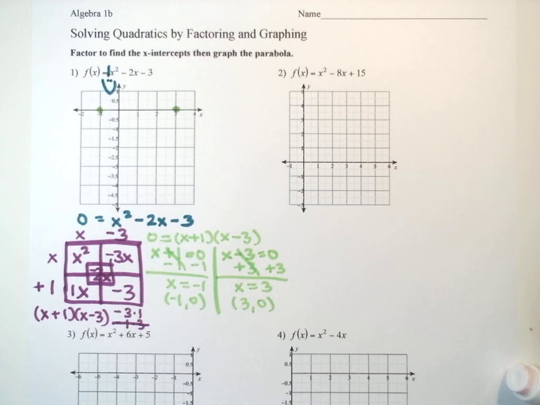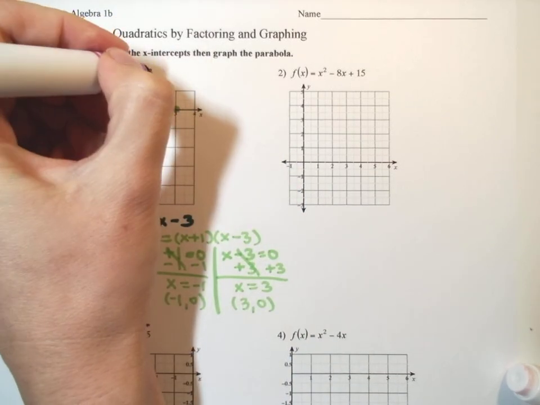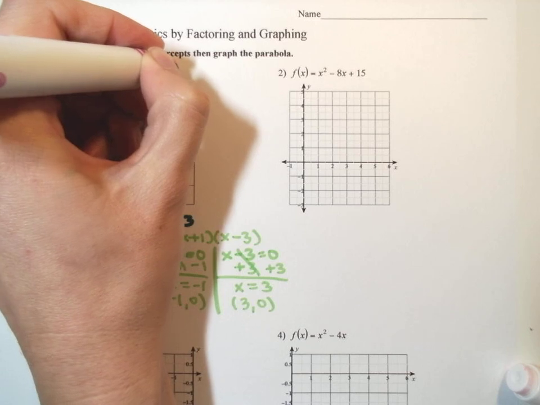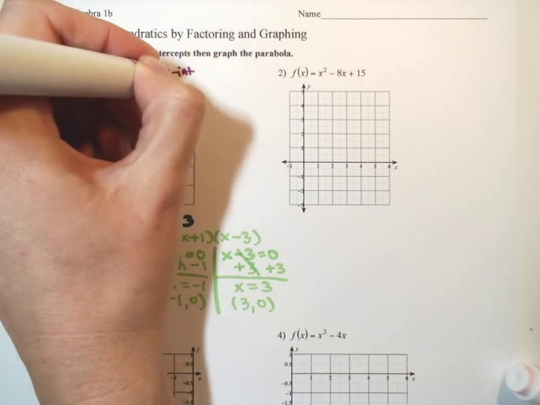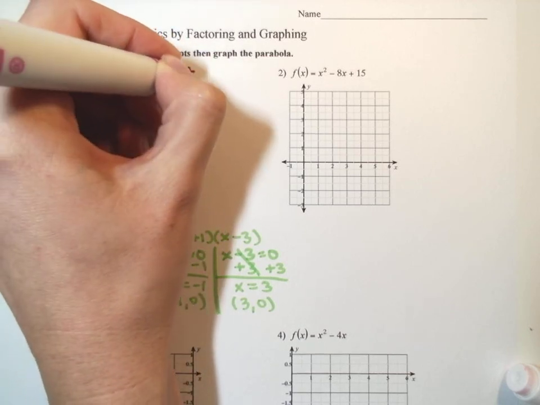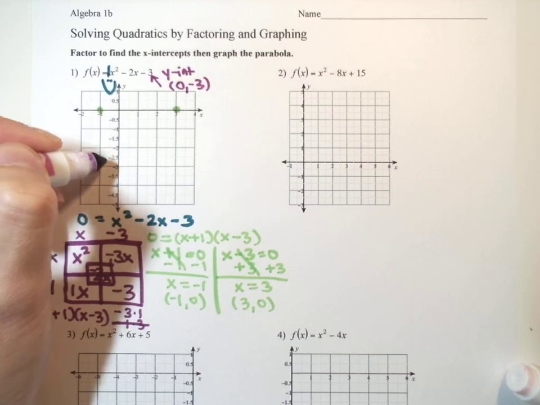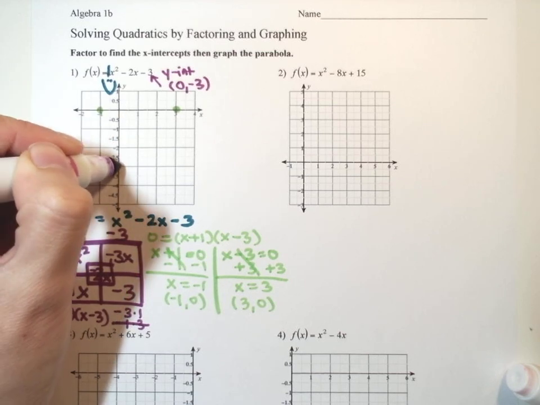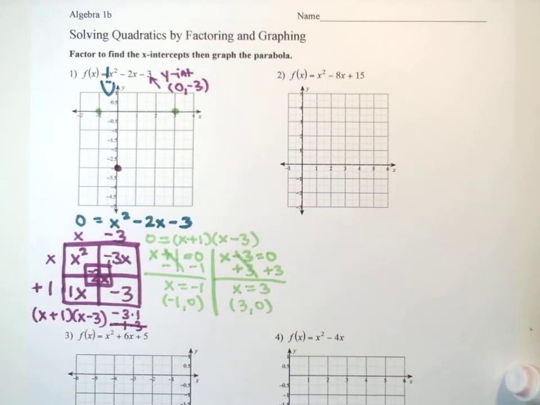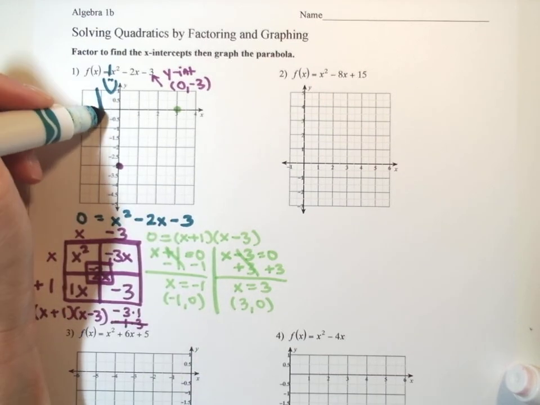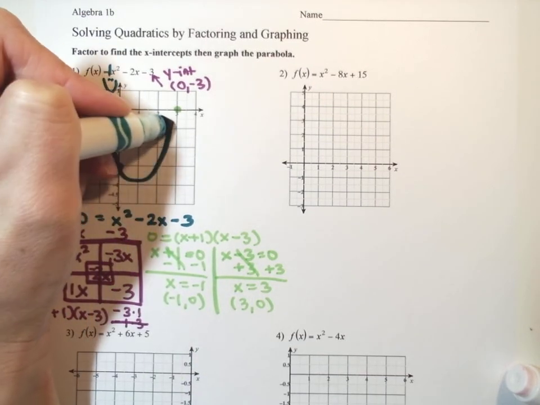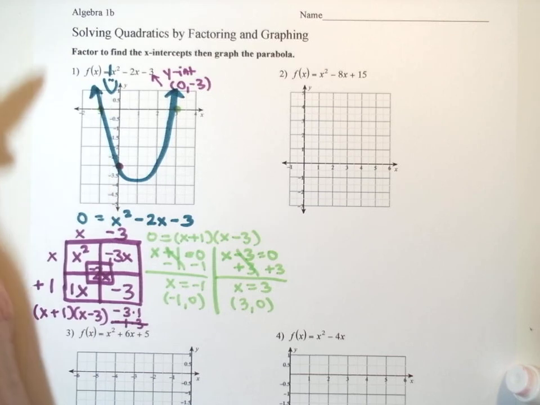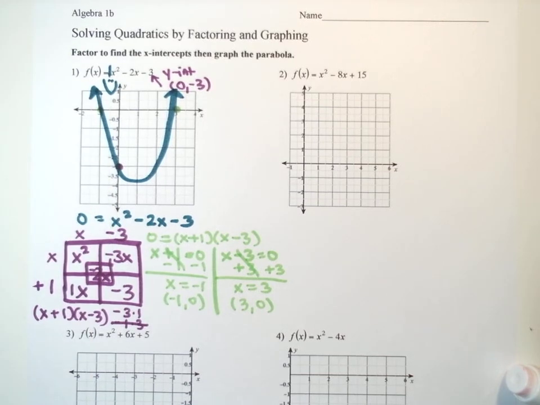And then c, the number all by itself, tells us the y-intercept, which is 0, negative 3. So we go to 0, negative 3, and graph the y-intercept. And then we just connect those points to form a parabola. And there we have it. Okay, go ahead and complete your assignment.